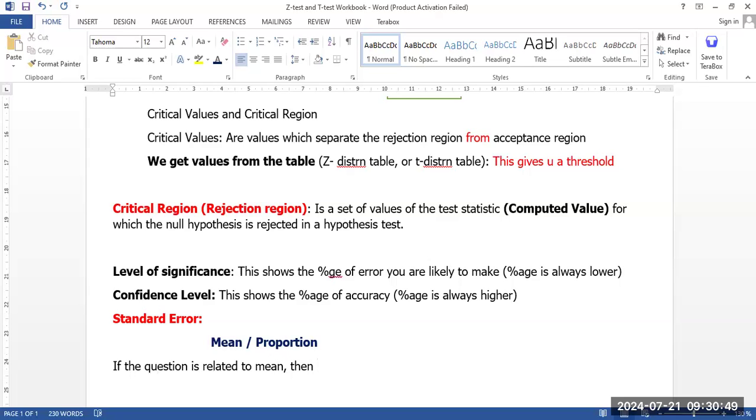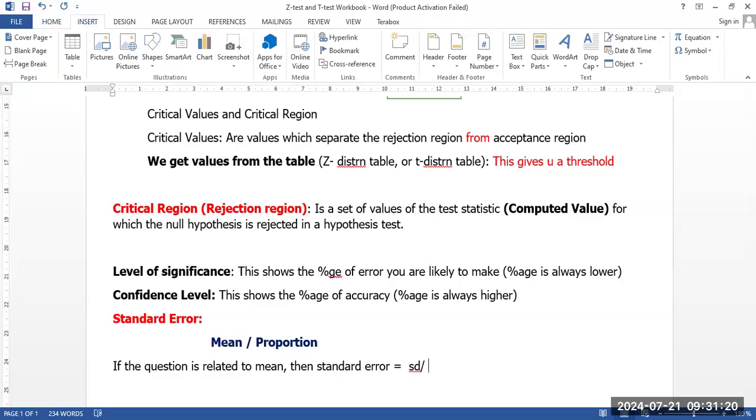If the question is related to mean, then standard error will be equal to standard deviation divided by root n.